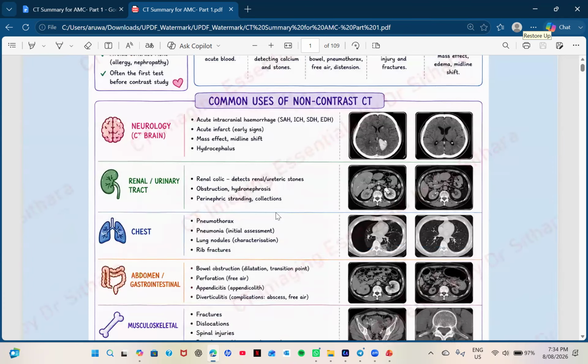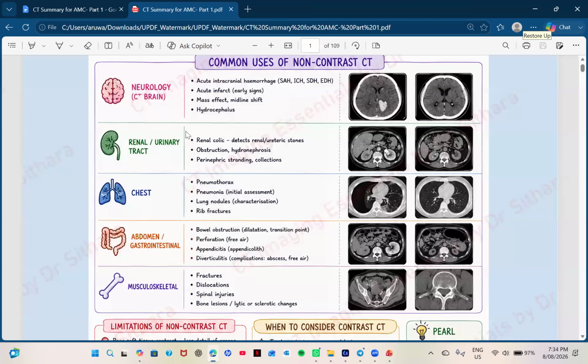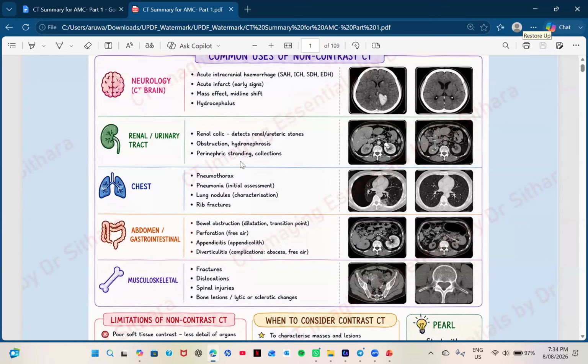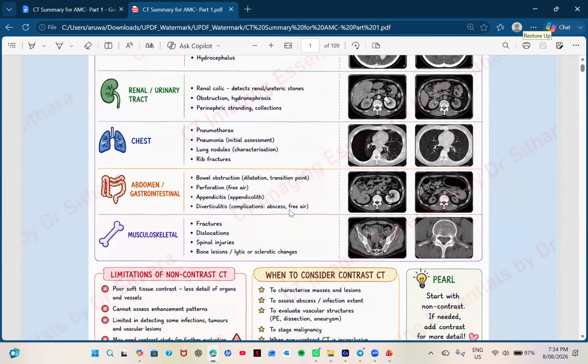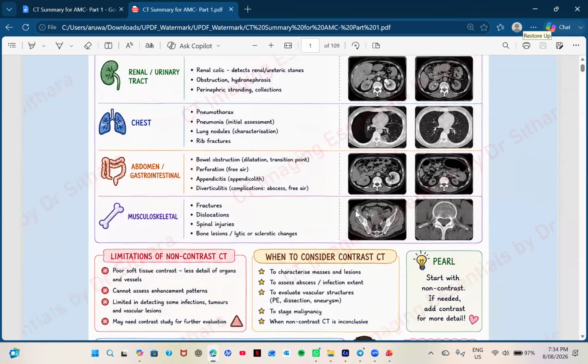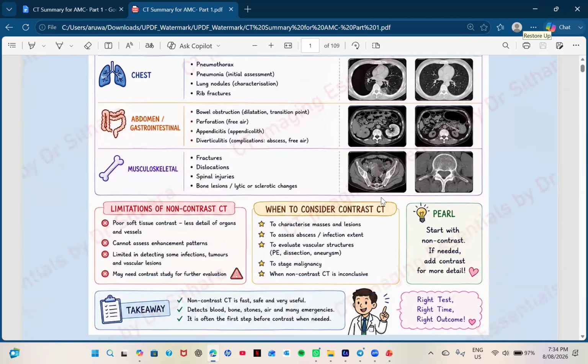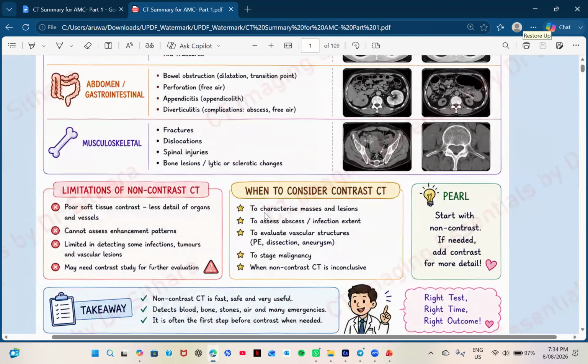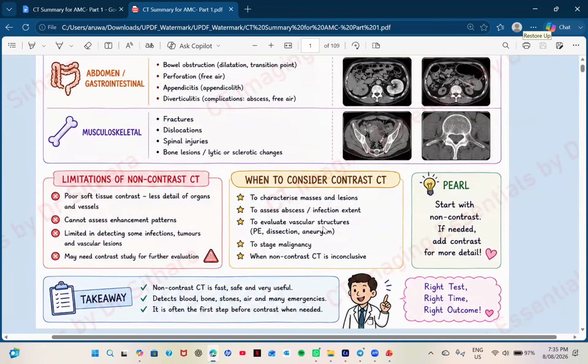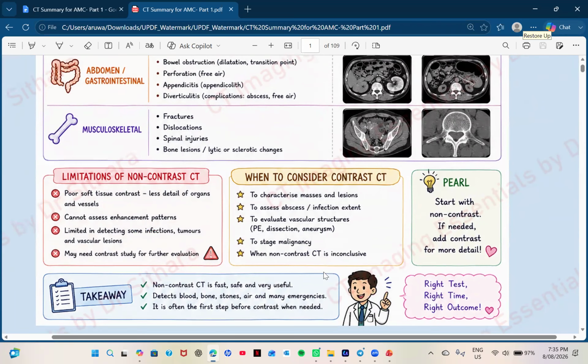Most of the cases, we can use it for CT of the brain, right? Renal pathology, chest or abdomen, musculoskeletal pathology, we can use it. So, when should we consider contrast CT, doctors? If you need better visualization, right, to characterize masses and lesions, to assess abscess and infection extent, to evaluate vascular structures, to stage imaging.